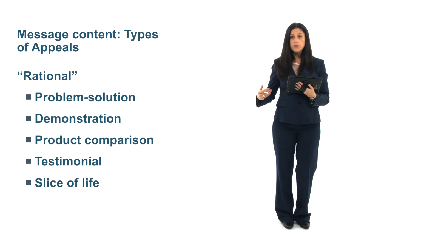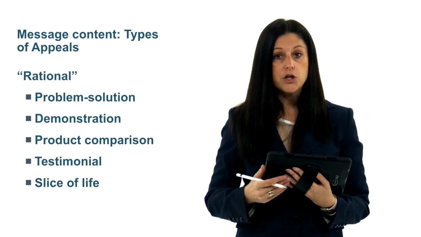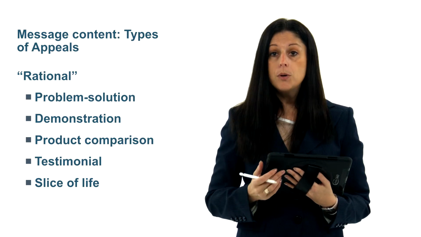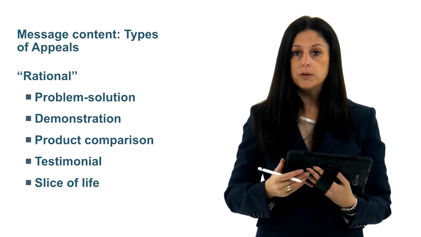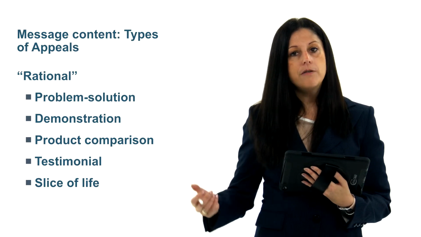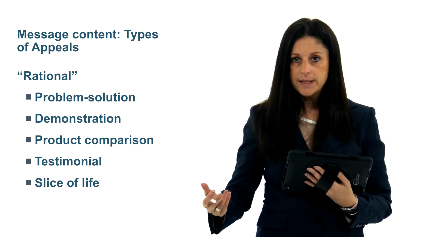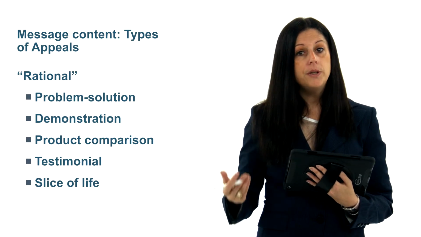A demonstration of the product, an infomercial, is also part of a rational approach. Product comparison. AT&T and Verizon love to do product comparison. They try to compare which one of them has better coverage, which one offers better prices. So then they will actually talk about the competition.